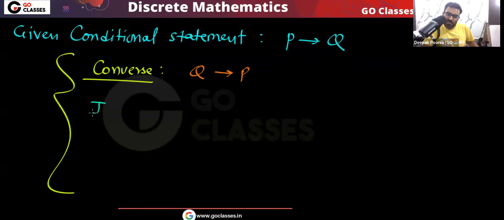What will be the inverse? The given conditional statement is if P then Q. The inverse will be if not P then not Q. And what will be the contrapositive?